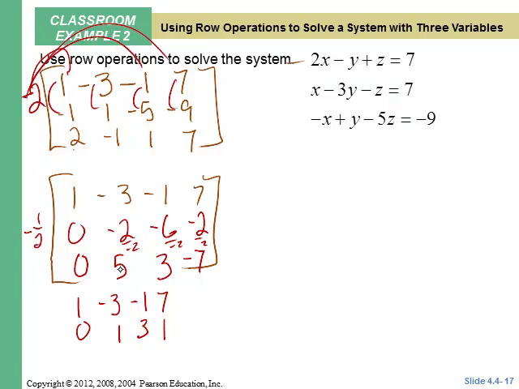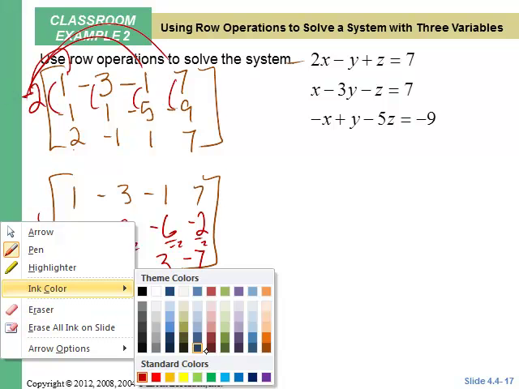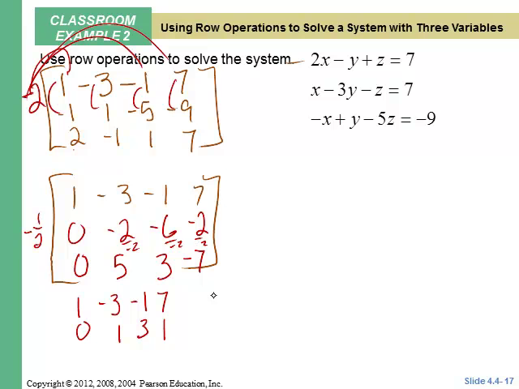And then my third row is going to be, multiply this row by negative 5 and add it to the last row.